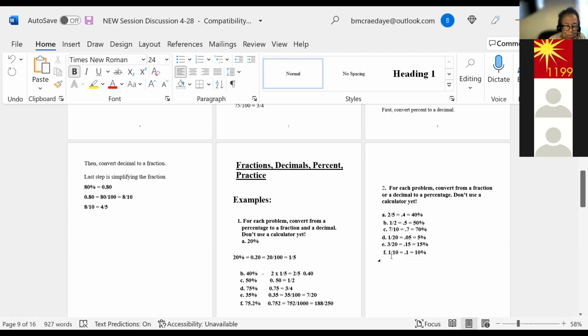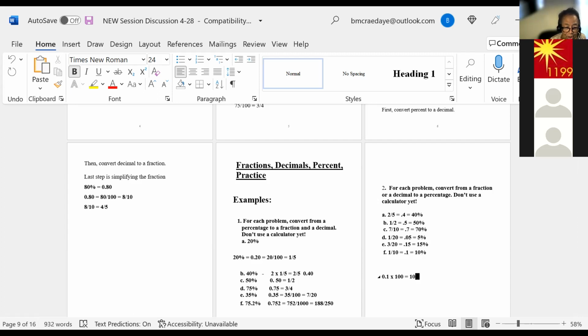See, Mercedes, when you say 1/10, that's as a fraction. 0.1 is the decimal. Multiply 0.1 times 100, you get 10. That's how you get 10%. Is it 0.1 times 100, 10?